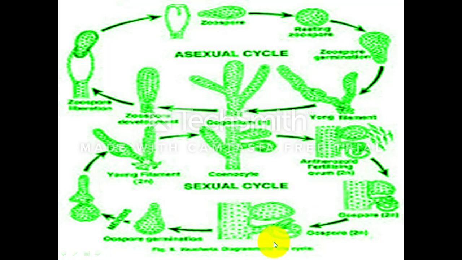The zygote produces the oospore by the formation of a thick covering around the zygote. Then upon germination, the oospore undergoes meiosis, and meiosis produces the haploid filament plant, which is the Vaucheria plant body, and the cycle continues by this process.